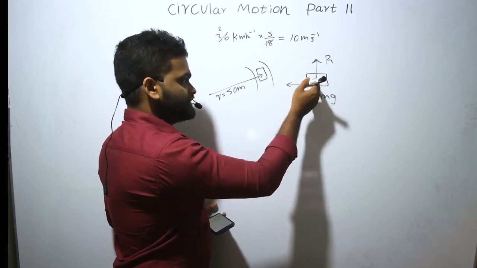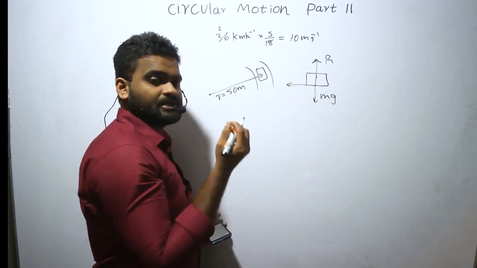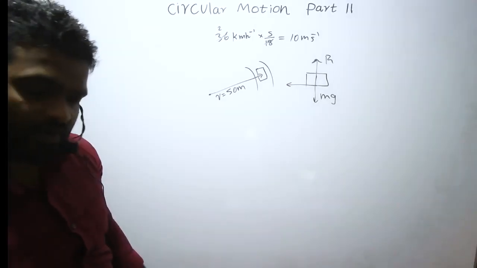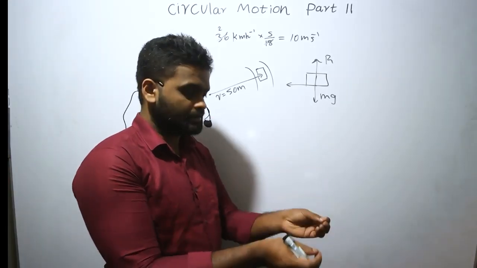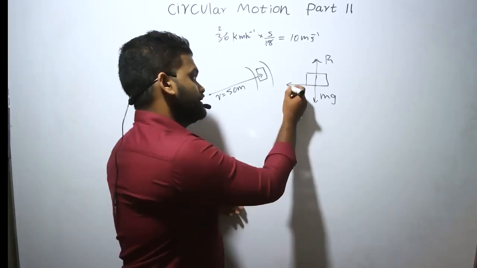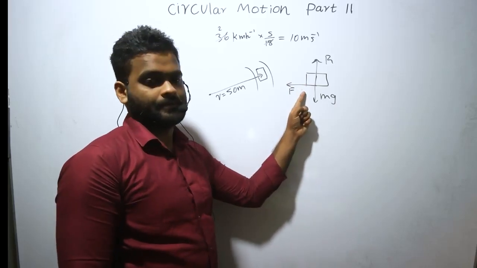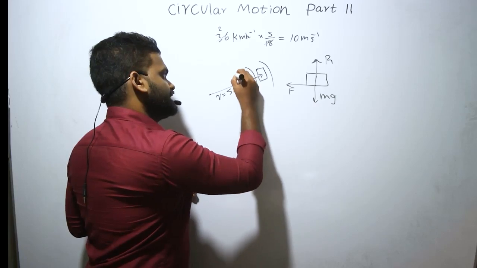In order to keep the car in a circular path, it requires a centripetal force. In this case, that centripetal force is provided by the friction acting on the car. So let's say that friction is F. This is the centripetal force.